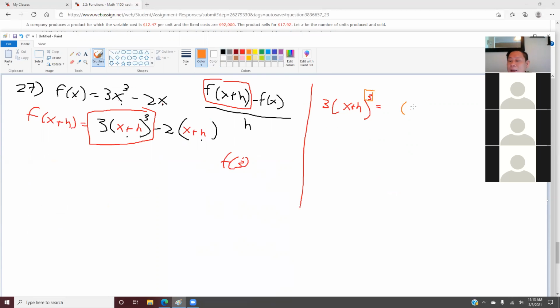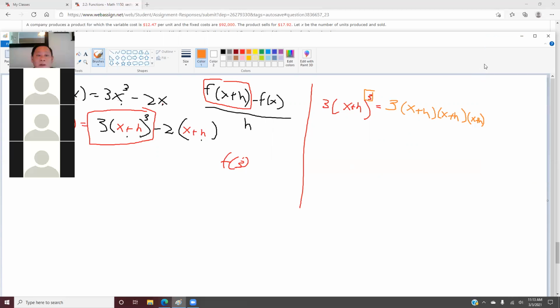So this is the same thing as x plus h times x plus h times x plus h, that's cube. And then after that, you have to multiply everything by 3. So what you need to do here is FOIL this out, and then once you finish foiling, you multiply this with x plus h. So go ahead and FOIL. You guys know how to FOIL, right? FOIL this out.